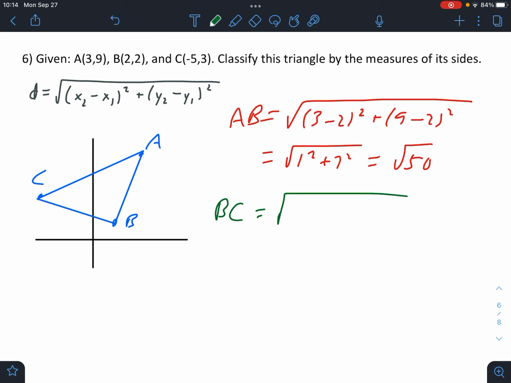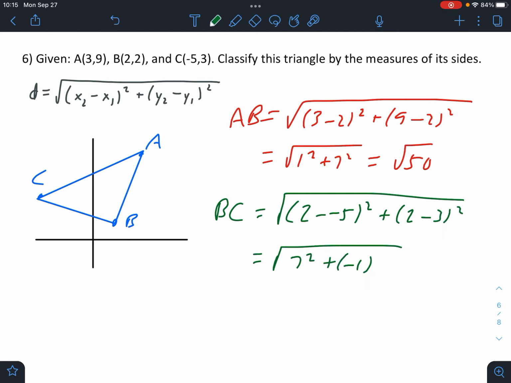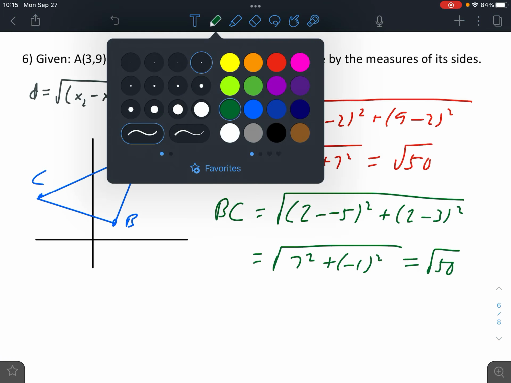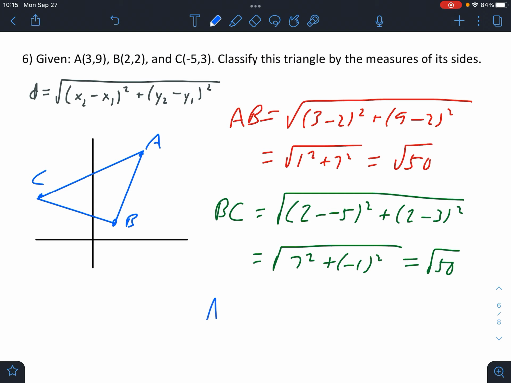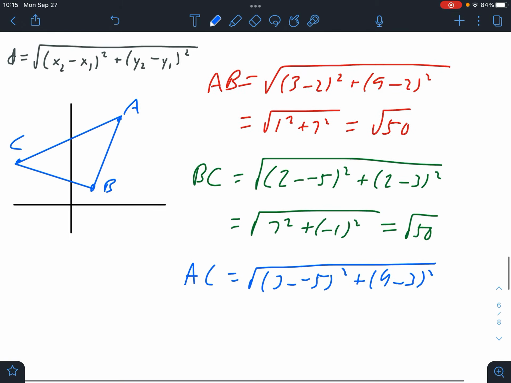And then BC: x minus x squared plus y minus y squared. And again, we get 7 squared plus negative 1 squared, which is again root 50. Finally, AC: x minus x squared plus y minus y squared.